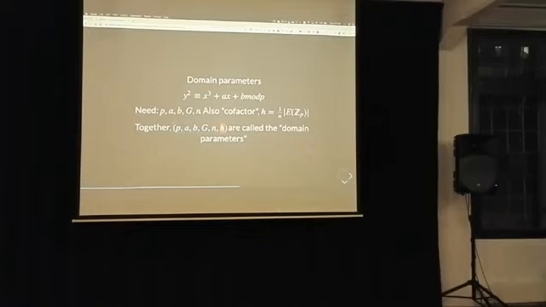So this would be 1. N is the order of the group. Yes, that's exactly right. So n as well is uniquely defined by P, A, B, and G.